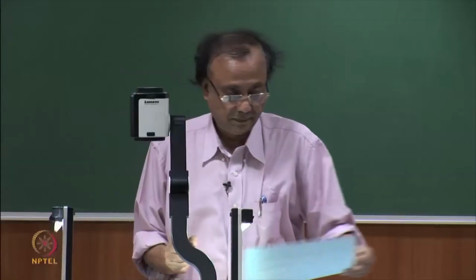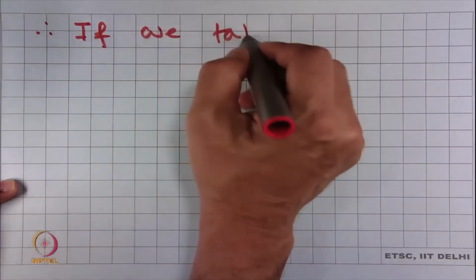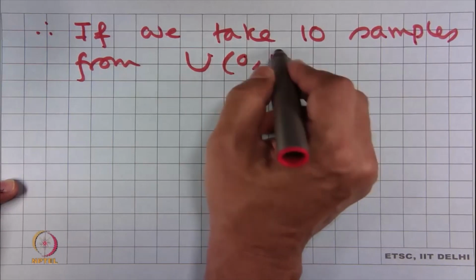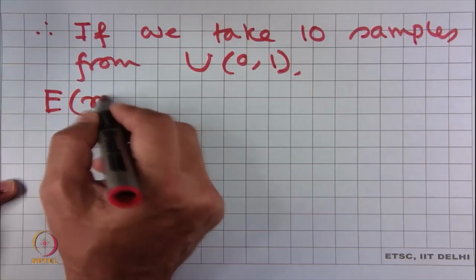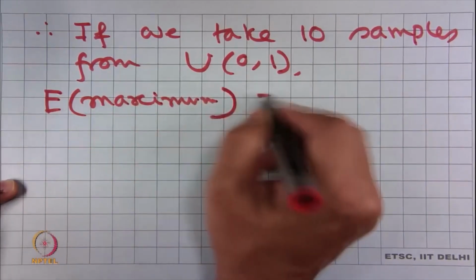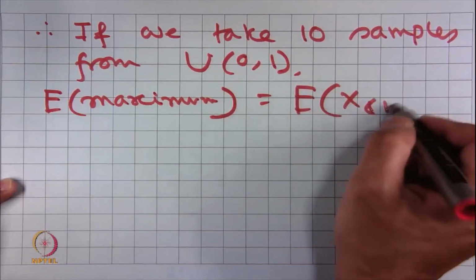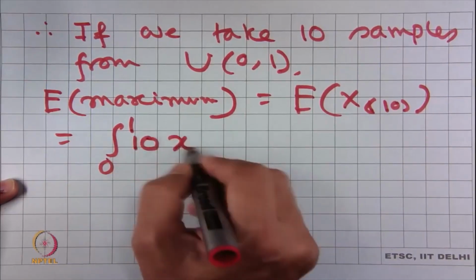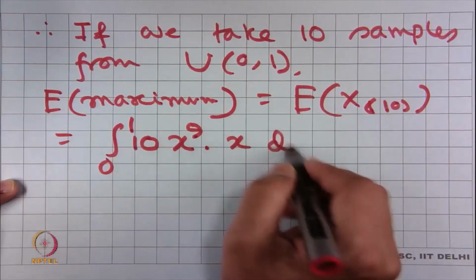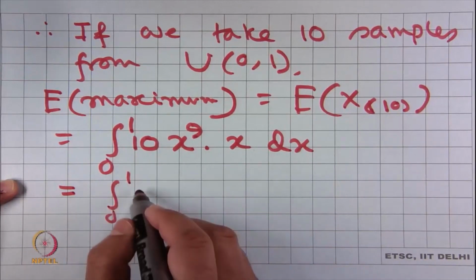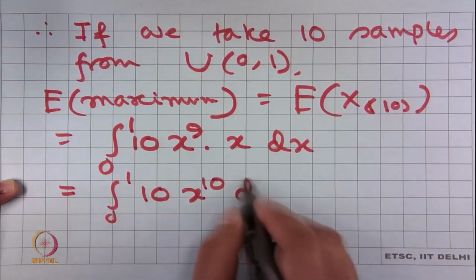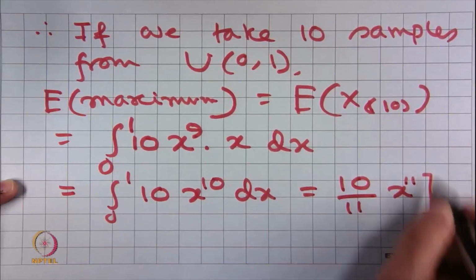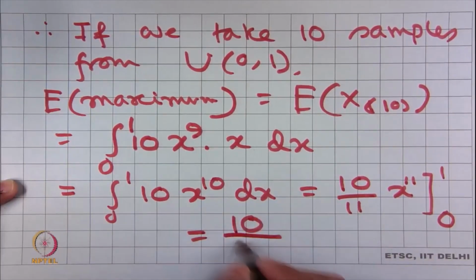Or in other words, ten samples from uniform 0 1, then the expected value of the maximum is equal to the expected value of X10, which is the integral from 0 to 1 of 10 x to the power 9 multiplied by x dx, which is the integral from 0 to 1 of 10 x to the power 10 dx, which is 10 upon 11 x to the power 11 from 1 to 0, which is equal to 10 upon 11.